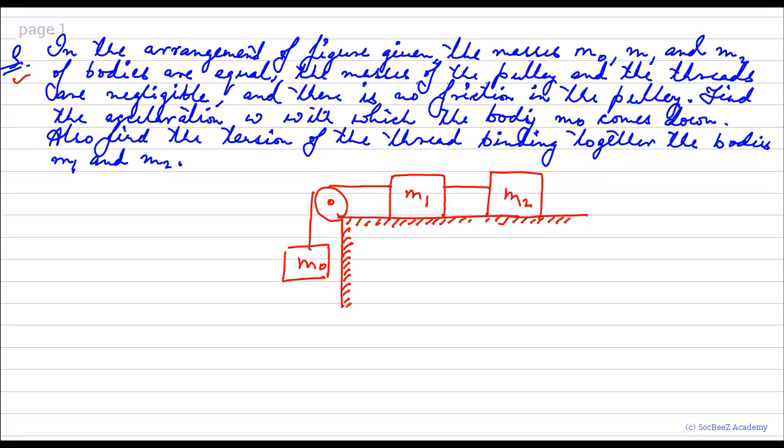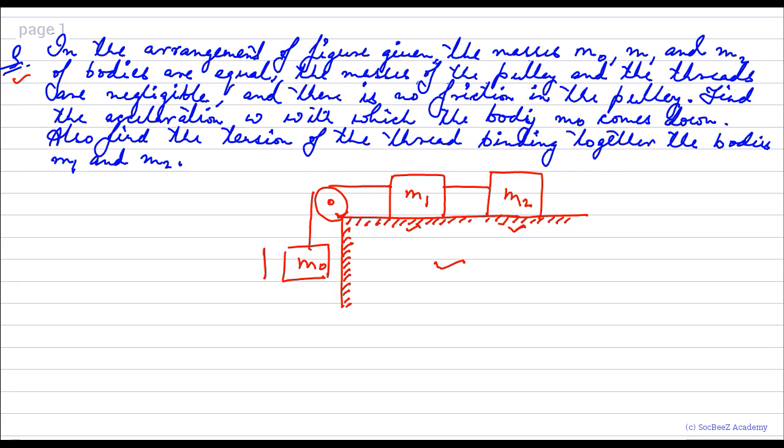So in this problem I have got this setup. This is my setup. The pulley is frictionless, there is no friction between the body and the floor. So this is the setup which has been given to me and I have been asked to find out the acceleration W with which the body m0 comes down.